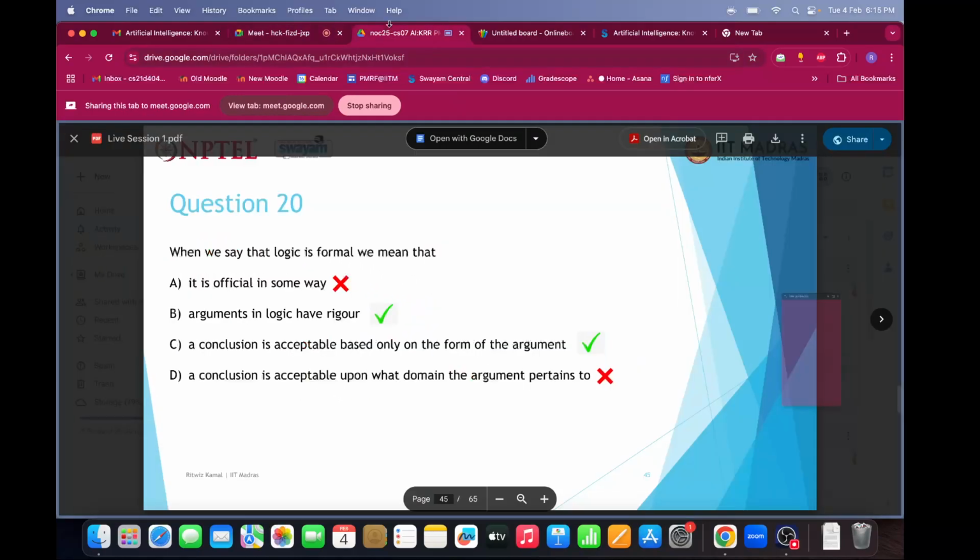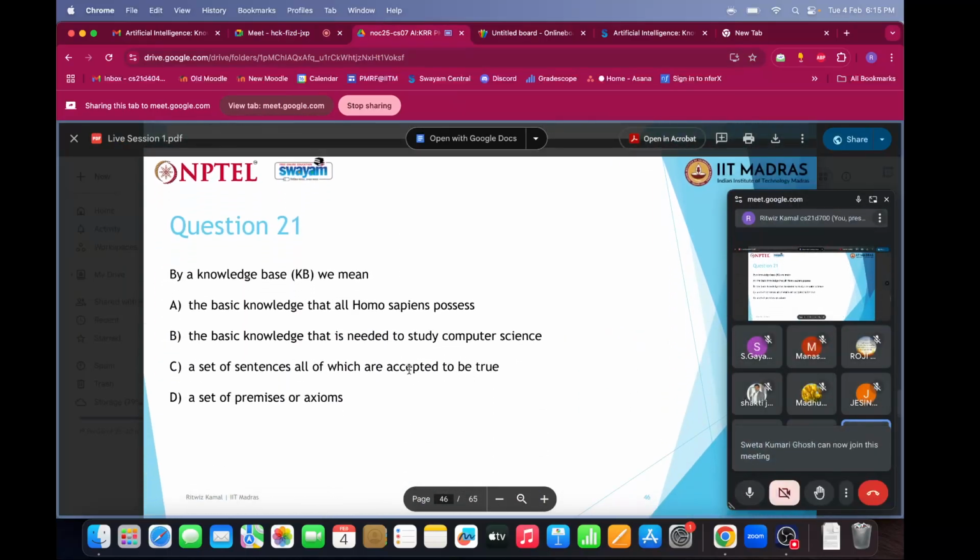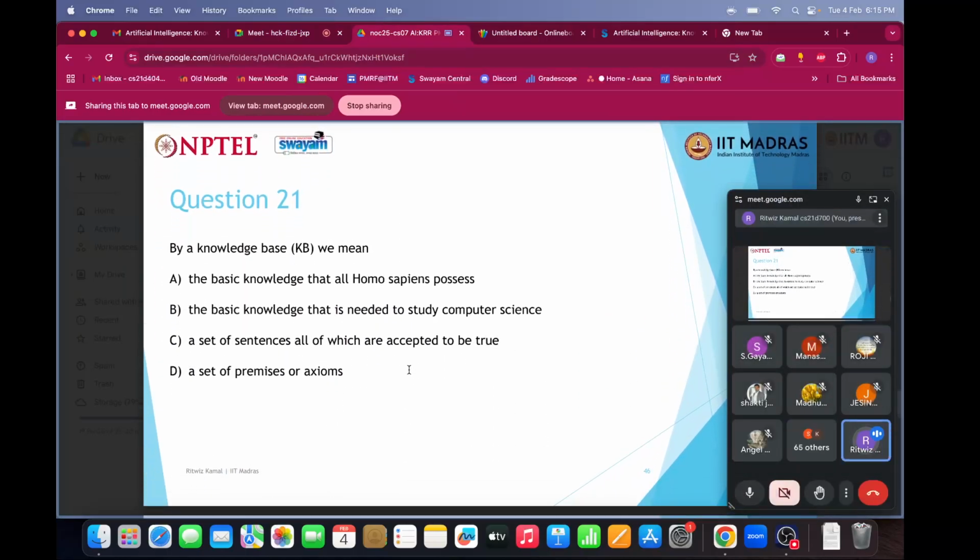Let's move on to question 21. Again, in this question we are dealing with the definition of a knowledge base itself.